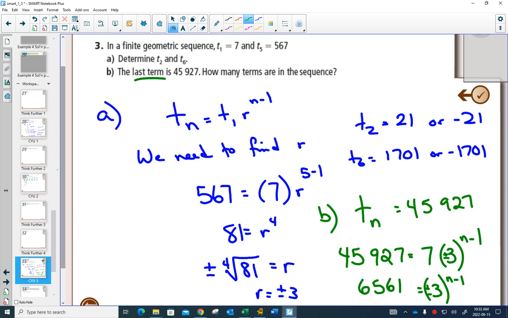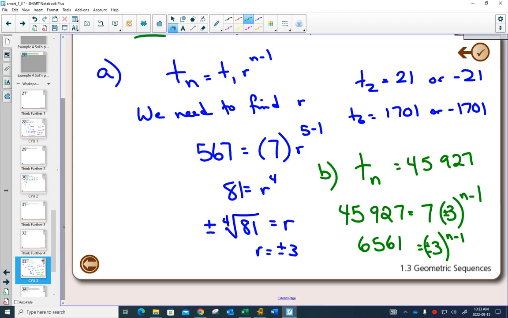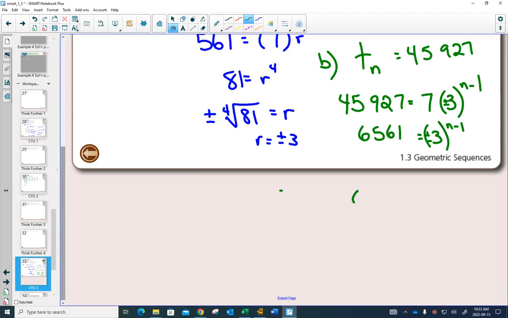It's not until you get to grade 12 pre-calculus that we'll show you an algebraic way to do this. In grade 11 pre-calculus, they're going to say, you now know that 3 to the power of something has to equal 6561.